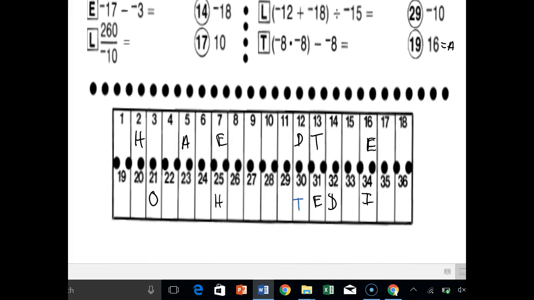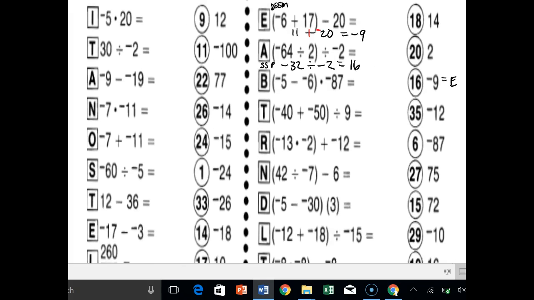The beautiful thing about this riddle, guys, is if for some reason you get a wrong answer, you know, because none of those letters are going to match up with these problems, right? On B, you have to keep, change, change. So -5 plus a +6. That starts off as DSSM, different signs, subtract more. So 6 minus 5 is 1.